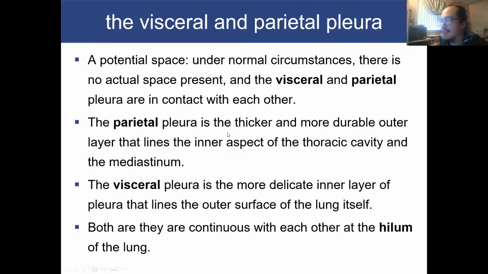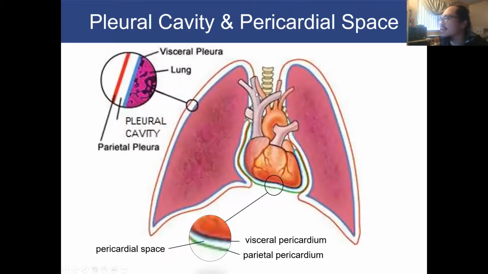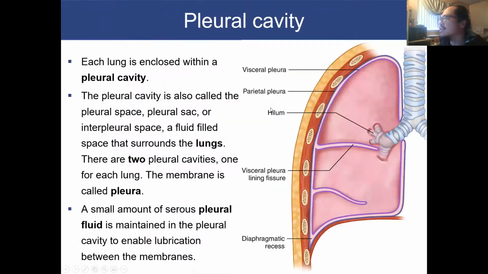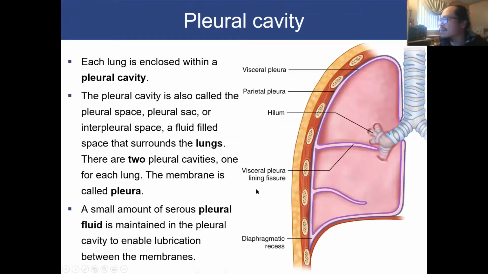Parietal pleura is thicker, more durable, attached to the thoracic wall. And the mediastinum. Mediastinum is the part that's right here. That basically is this region. If we see this one, this is the mediastinum.